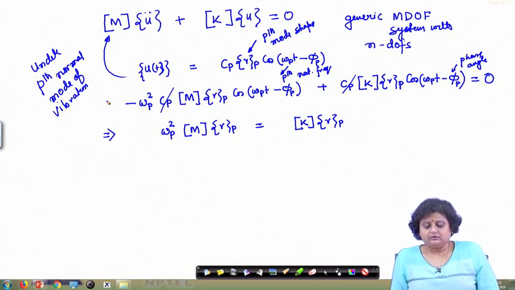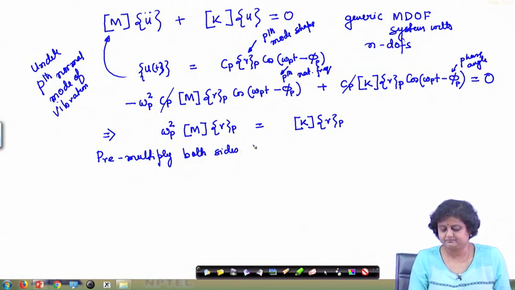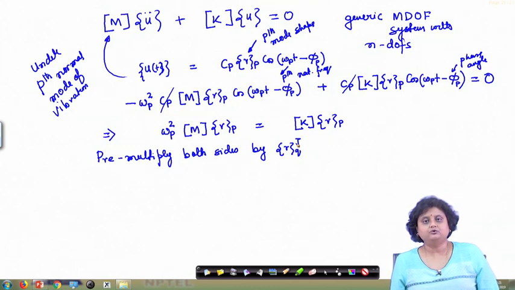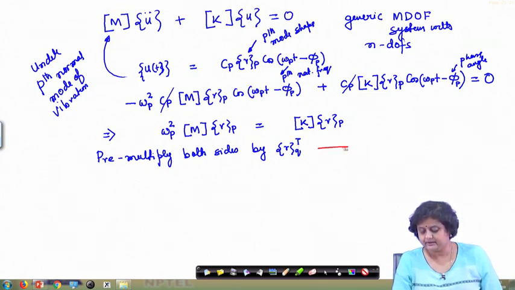Okay. So, now what I do is pre-multiply both sides of the above equation with the transpose of the qth mode shape, Rq transpose. So, Rq transpose is the qth mode shape.